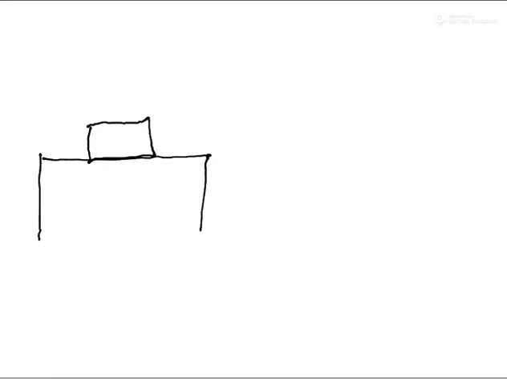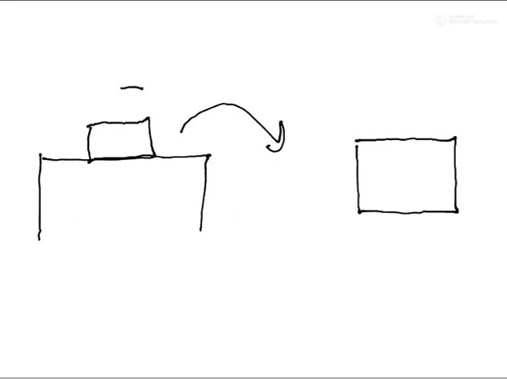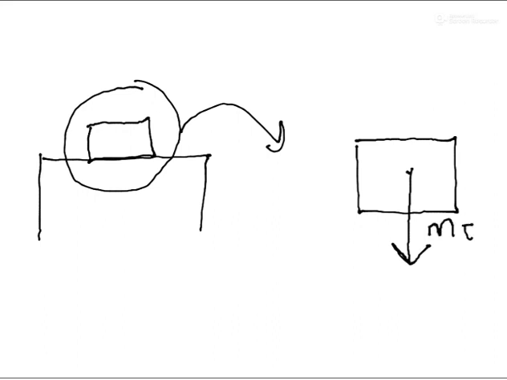So to make this situation a free body diagram, we start off with a box, a simple box. And then now, when we're looking at the TV remote, we're really just looking at this piece right here. So starting from the center point, we know that obviously the remote has a weight to it. So the weight is going downwards as mg.